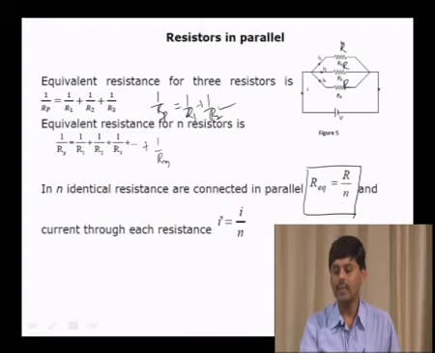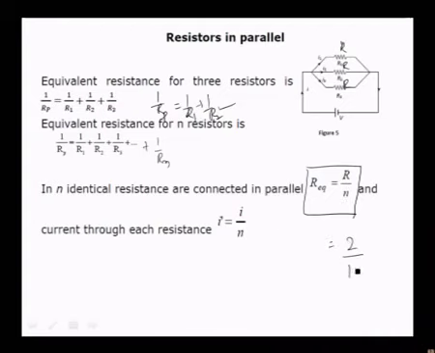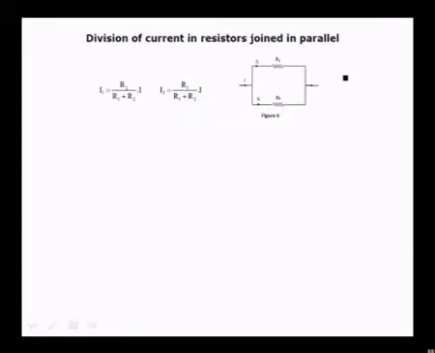The value of the resistor is 2, and the number is 10. If you divide 2 by 10, you get 0.2 ohm, that is the effective resistance. Similarly, for all the resistors, the potential across each is the same, and the current divides. The current in each resistor, I dash, is equal to I divided by n. This is applicable only when all the resistors are equal.